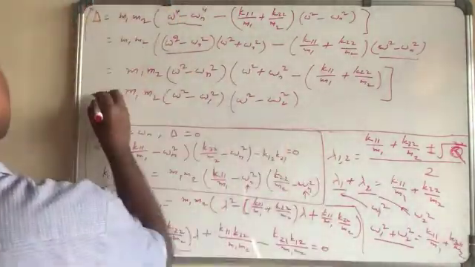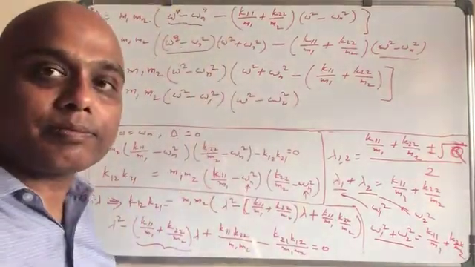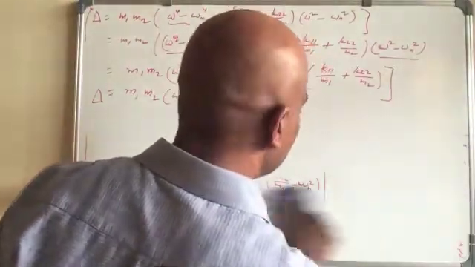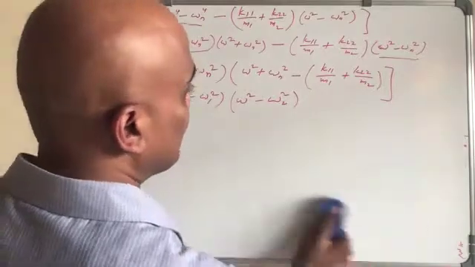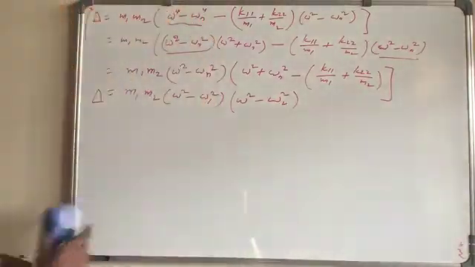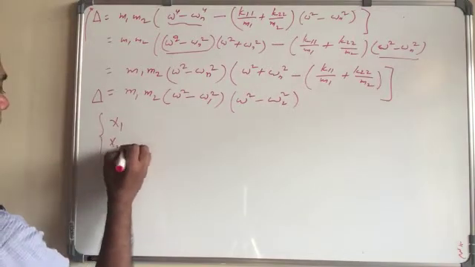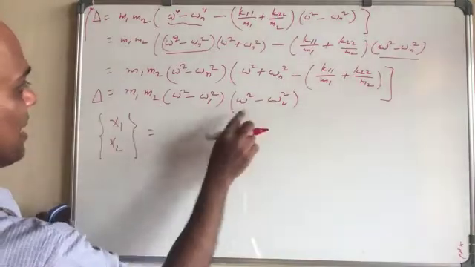That means this delta is equal to this. So we have to find out the final value of x1 and x2. Yeah, so this gives us just the determinant of the matrix. So finally we have x1 and x2 equal to, okay, the determinant of this one.